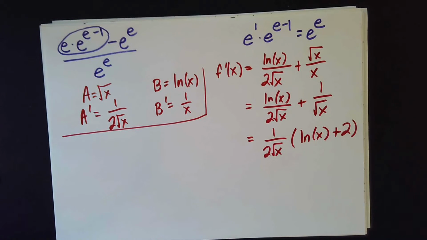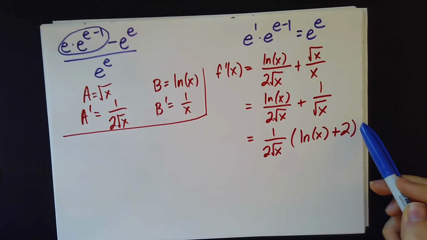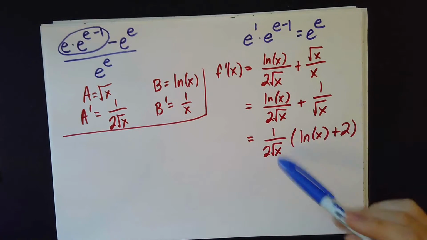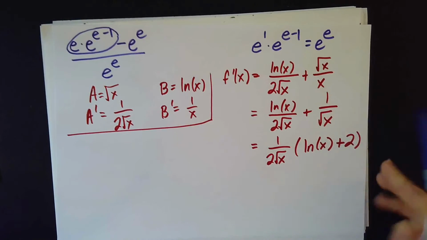Okay, you agree with all of that? Yeah, so I think this piece, when I looked at it, was the place that you disagreed with. I think when you factored out this 1 over square root of x, something went slightly awry with this term.